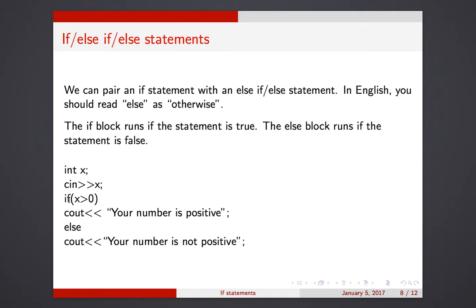If x is positive, you should see out, hey, your number is positive. This word else you read as otherwise. So what you read is, hey, otherwise, print to the screen, your number is not positive. So you've given the computer two separate branches to run down. The computer can either do this, or it can do this. It can't do both. Okay, it only goes down one branch.